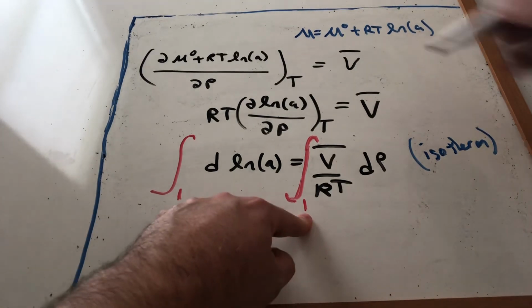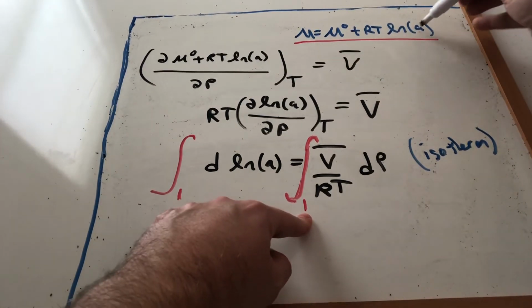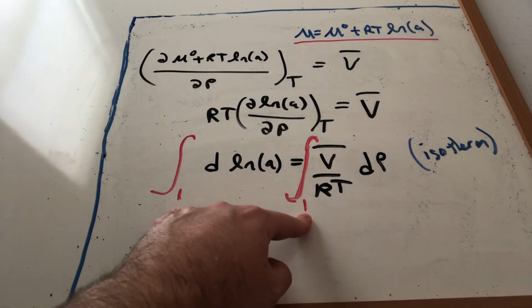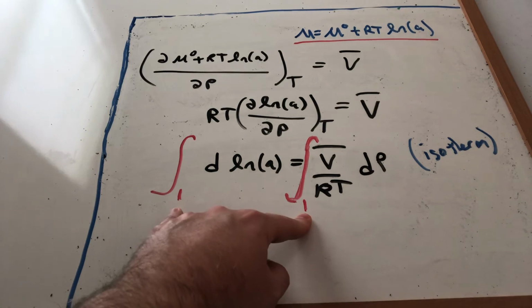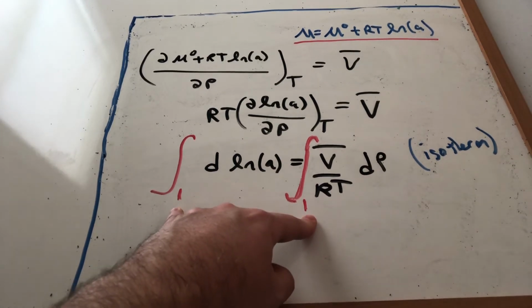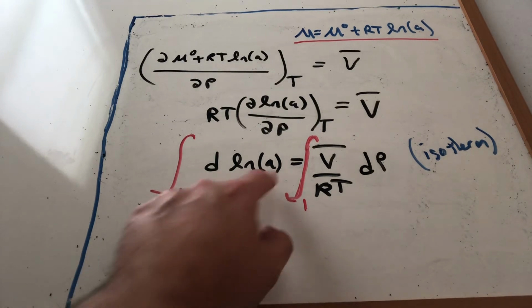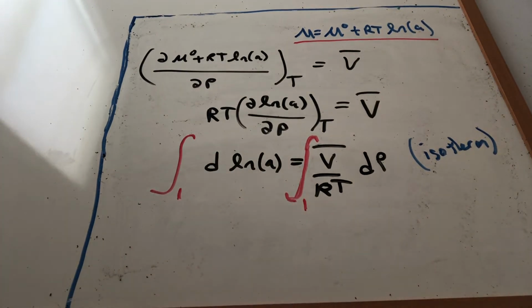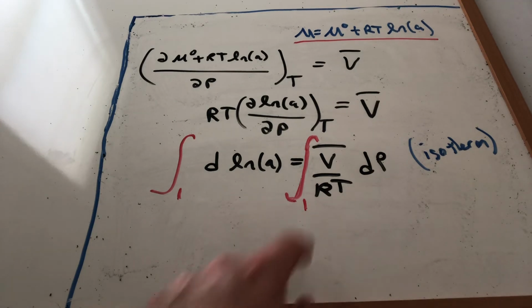I can even look up here. If my activity is 1, what do I get? Mu equals mu naught, right? And when is mu naught measured? It's measured at 1 bar. So when my activity is 1, what I get here is a pressure of 1.